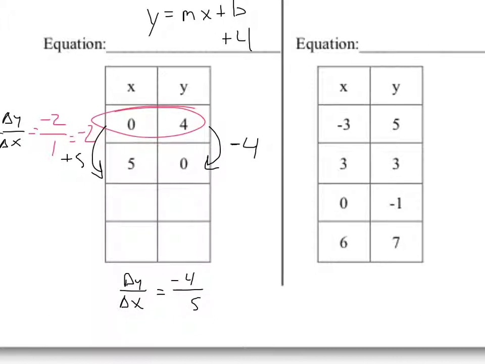I can't simplify that any further, so my slope is equal to -4 over 5. So I can finish writing my equation. Y is equal to -4/5 x plus 4. Questions?